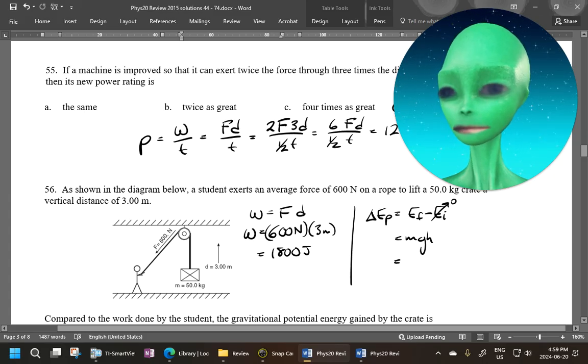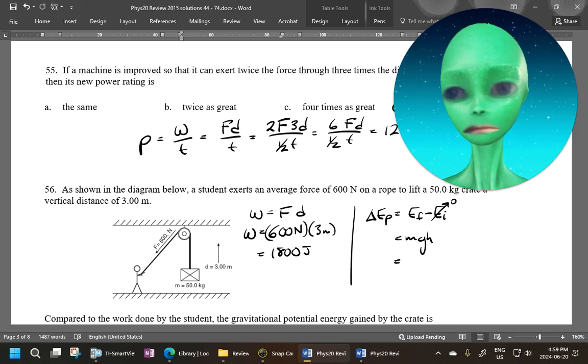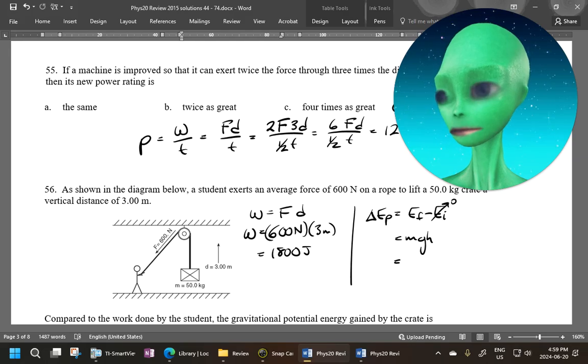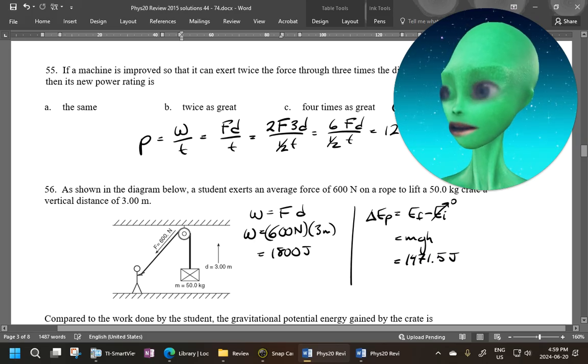Oh, just a second. How's that possible? 50 kilograms times 9.81 times 3. That's 1,000. Oh yeah, never mind. 1,471.5 joules.